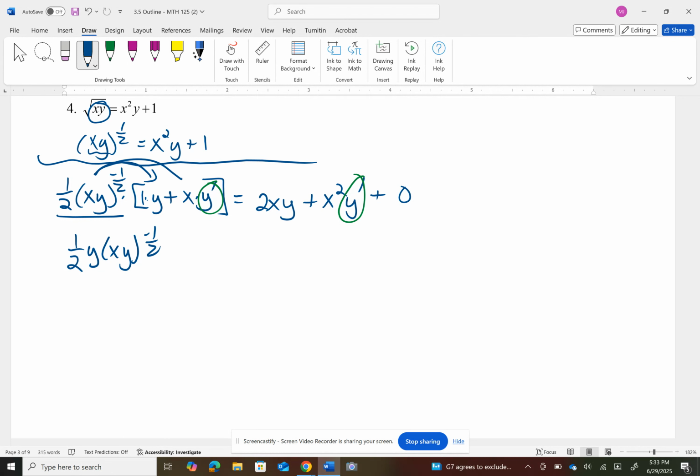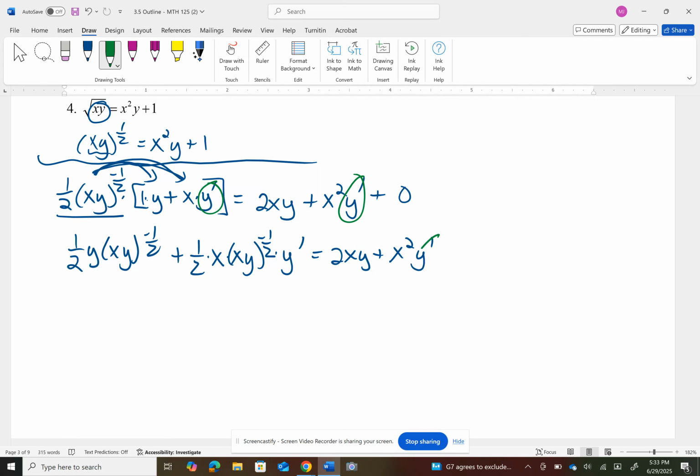And then I'm going to have a 1/2 with an x and an xy to the negative 1/2, still times a y prime when it gets distributed to the second term. And the order you put those in really doesn't matter. I usually put my x's first and then everything else, and I like my y primes to be at the end. All right, and then I'm just going to bring down the rest of this.